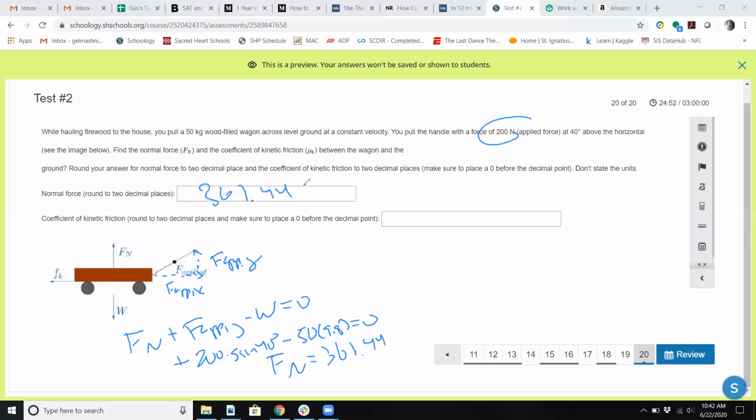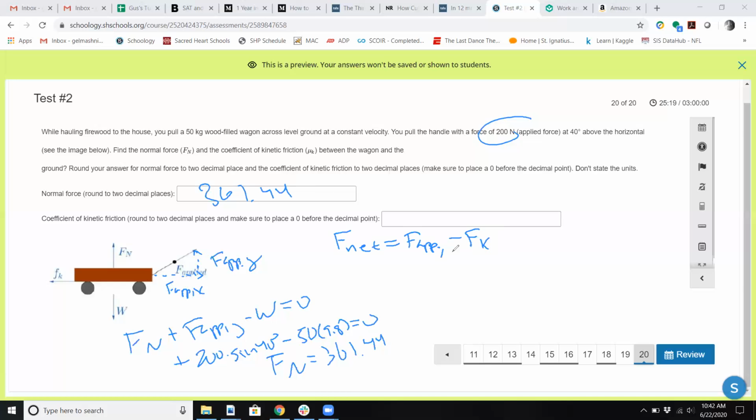And then the coefficient of kinetic friction. Remember, our F net is going to equal our applied force minus our force due to kinetic friction.